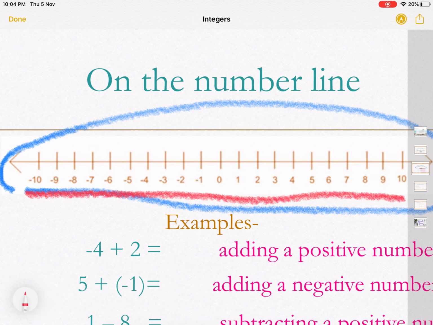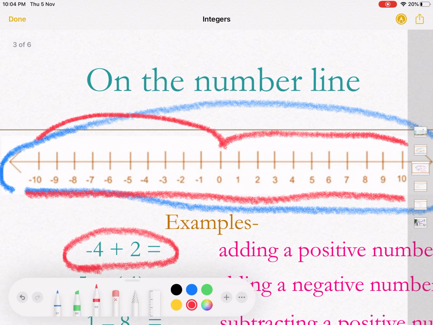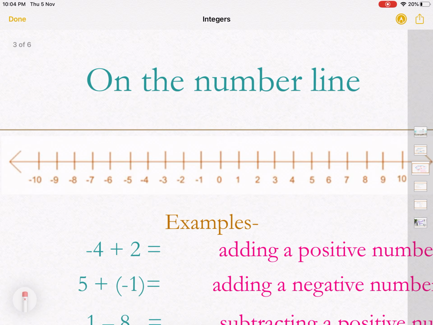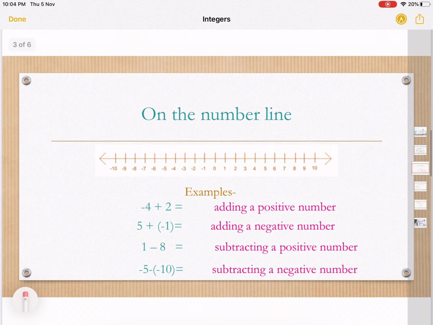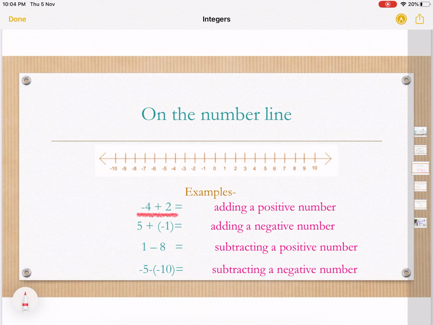And did you realize that all the positive numbers are on the right side of the number line and all the negative numbers are on the left side of the number line? This will help us immensely while doing some of the calculations on the number line that are given here. Alright, now let's see our first example, which is -4 plus 2.